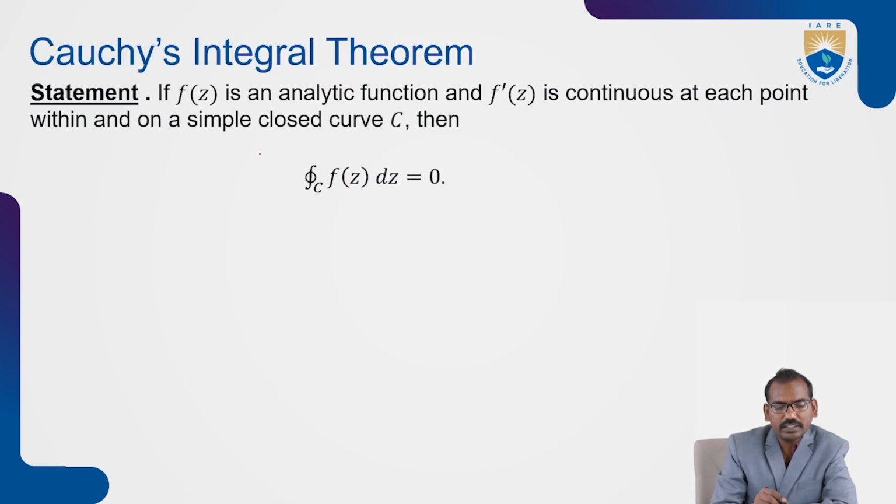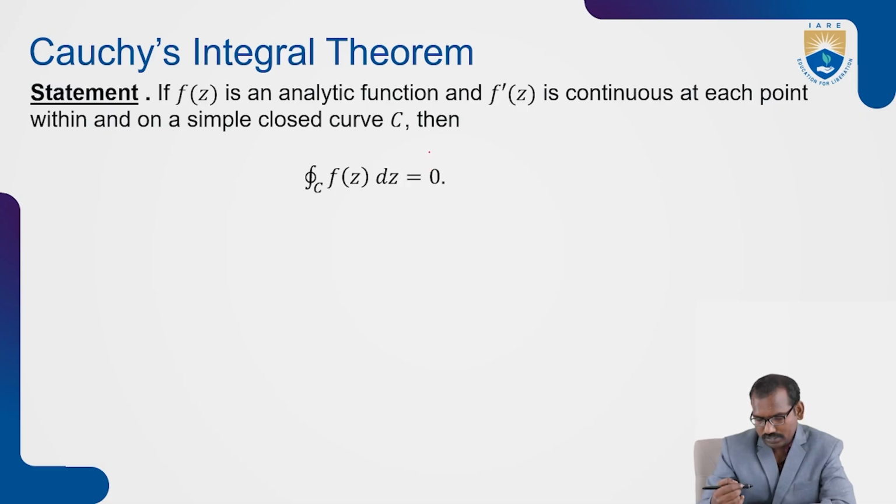Once again, if the function is analytic and the derivative of f is continuous, where these two are satisfied within and on the simple closed curve C, in that case the integration along closed curve C of f(z) dz becomes 0.